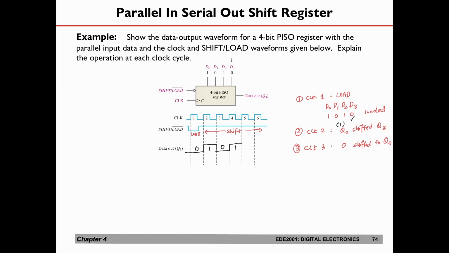Then let's continue at clock 4. The last bit, which is the MSB, is shifted into Q3. Then at the 5th clock cycle, all data has been shifted out.